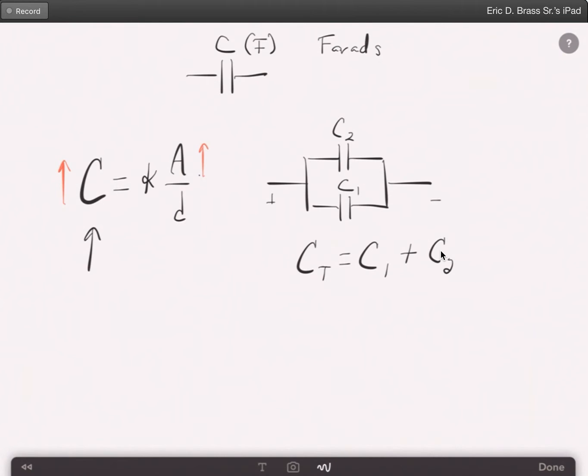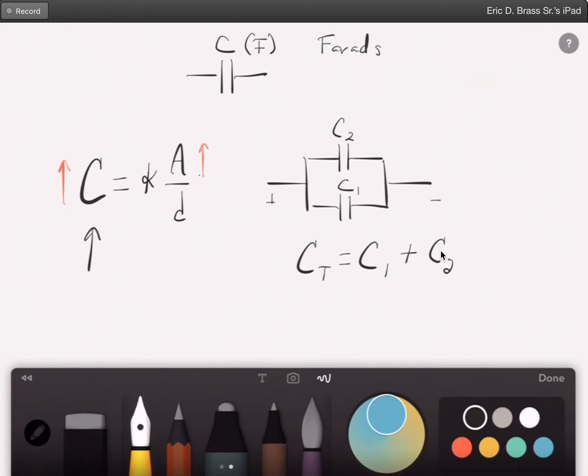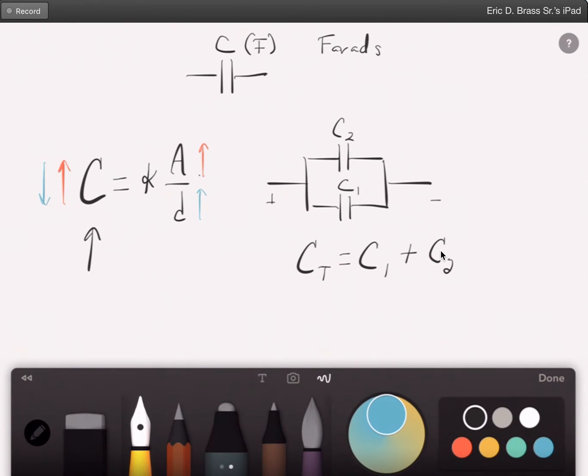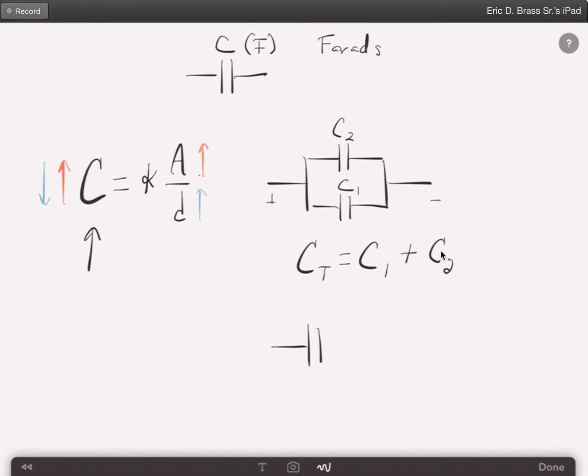So what if we wanted to reduce the capacitance in a circuit? We can increase the distance of separation, and thus the capacitance would reduce. How do we do that? Well, we just put capacitors in series. C1, C2.